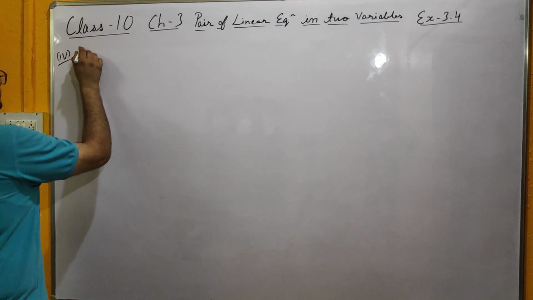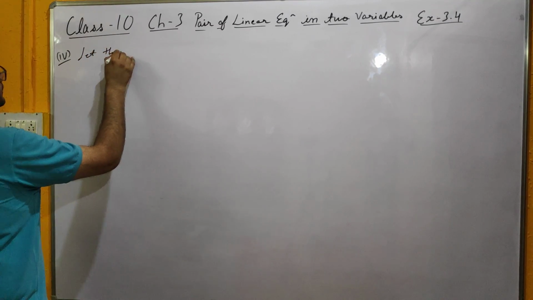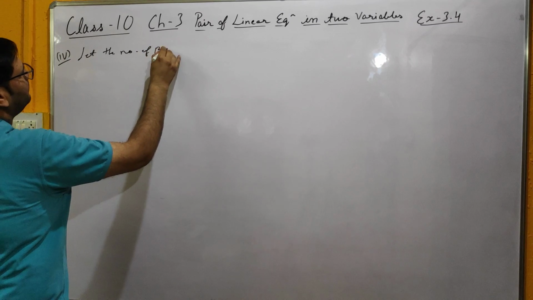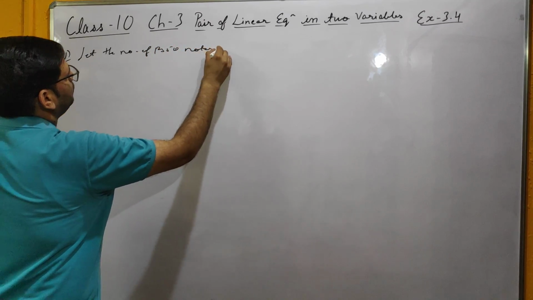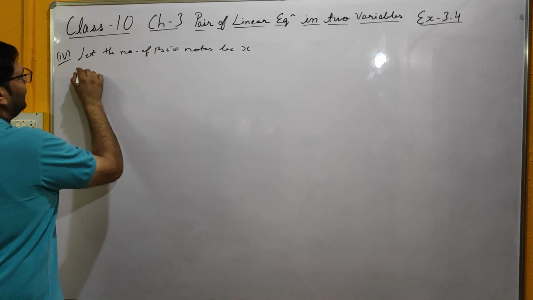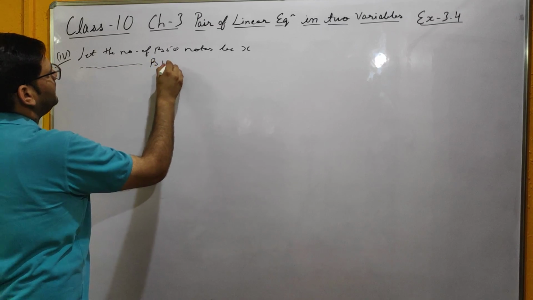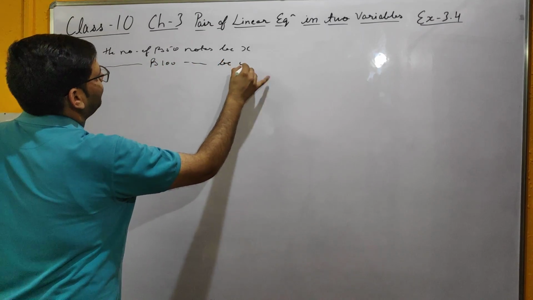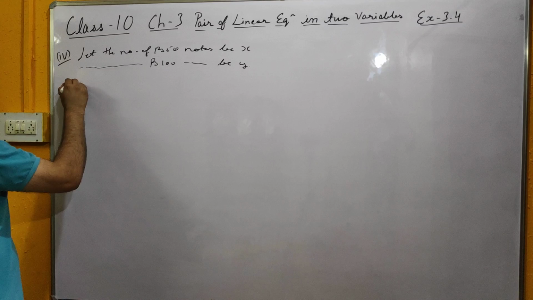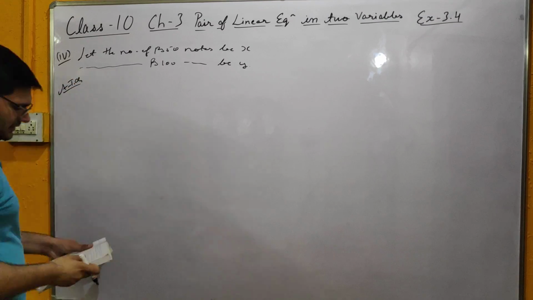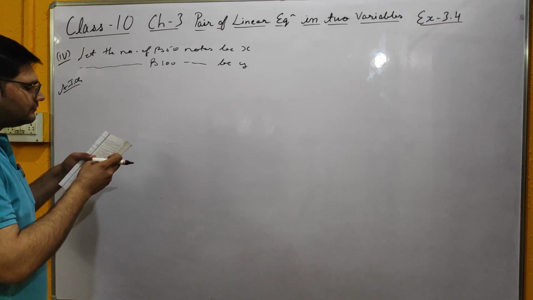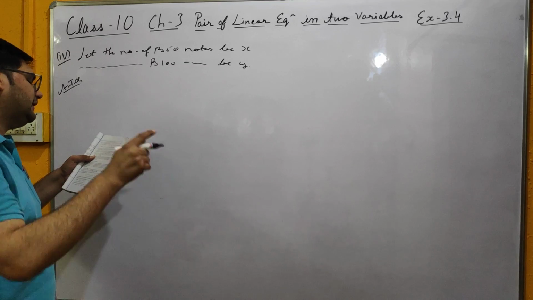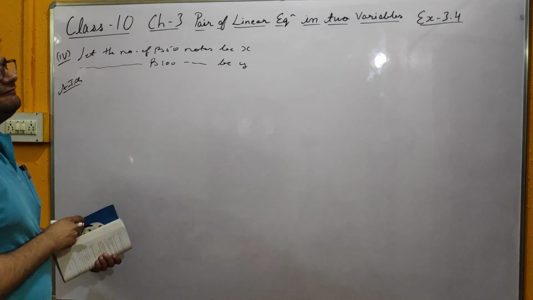So we'll say, let the number of rupees 50 notes be x and the number of rupees 100 notes be y. So according to the question, the total amount is 2000 and total notes are 25.